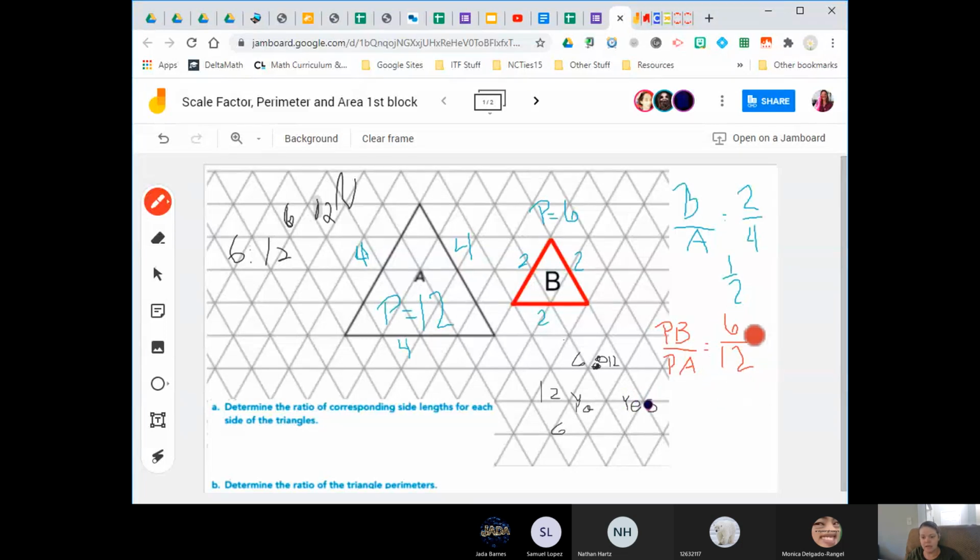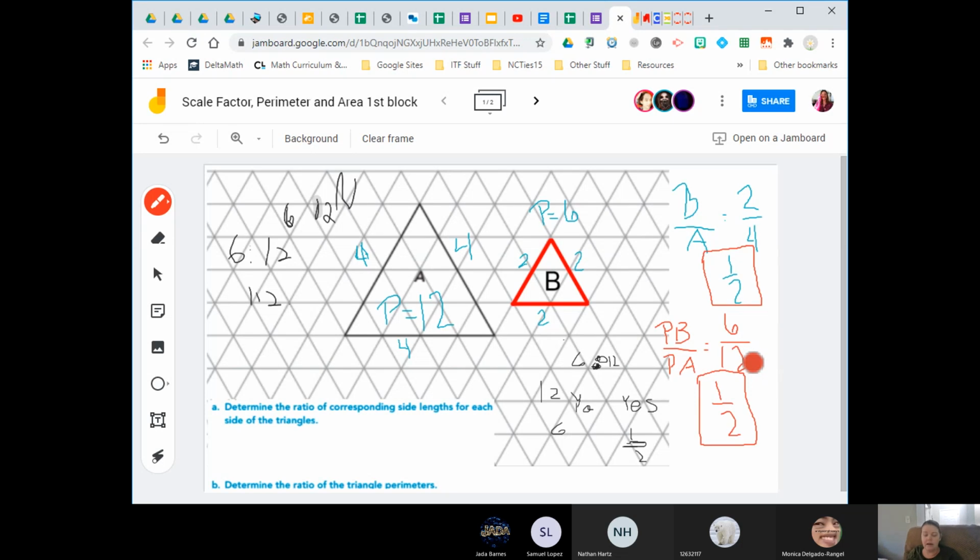And if I simplify 6/12, what fraction do I get? 1/2. Or 2/4, we can reduce it down even further to 1/2. So the scale factor for my perimeter is 1/2. And the scale factor for my corresponding sides of my triangle is 1/2.